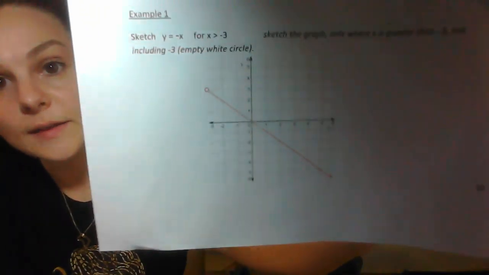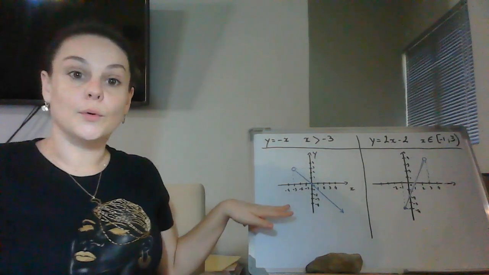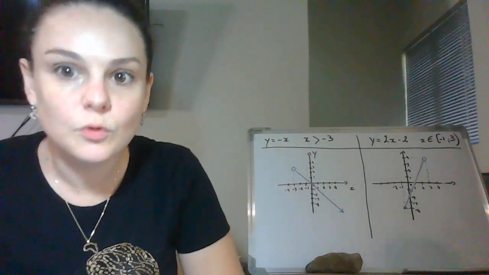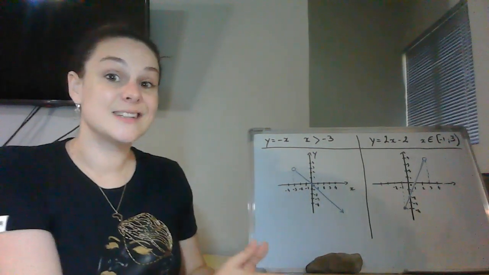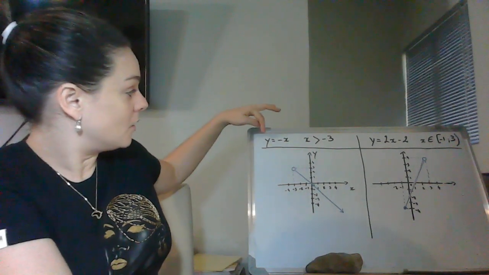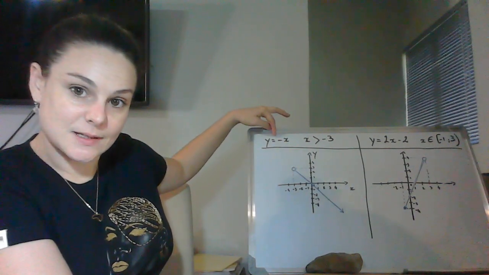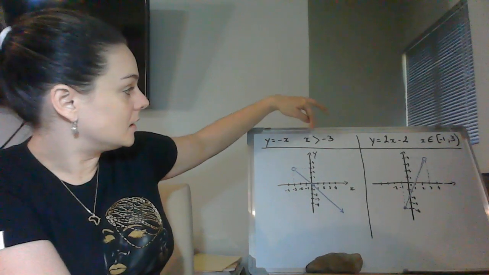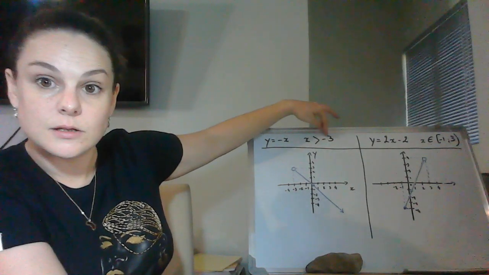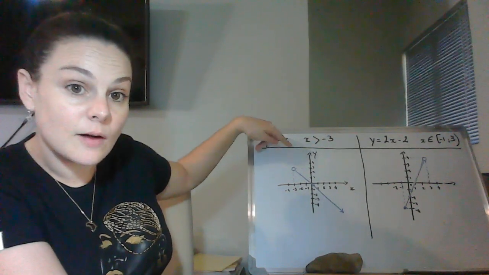And I'm going to use example 1 here that I redrew on the board there. So the question would have been, sketch the graph of y equals minus x when x is greater than minus 3. So here you have a restriction.